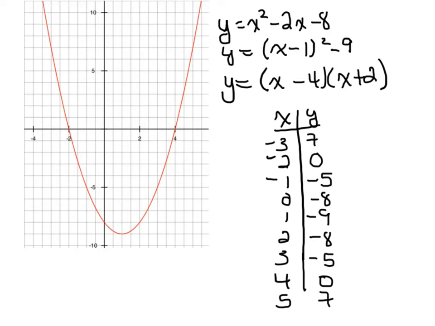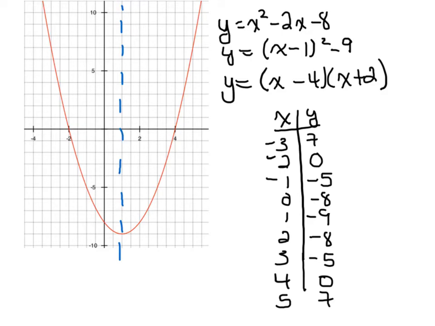So one of the features of a quadratic relation in terms of its graph is that its graph is symmetrical. So if we look here, if I drew a line down the center of this graph, which I will do, it cuts this graph in half.